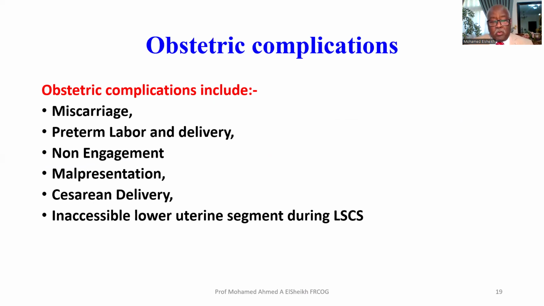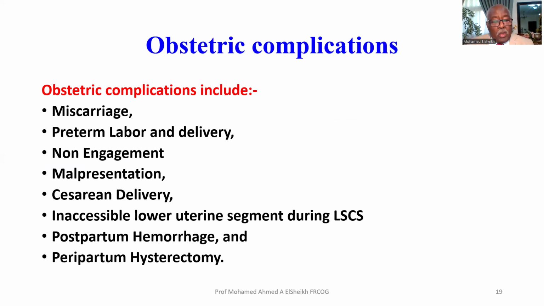Classical is in the upper segment. So we have to do an upper segment or classical cesarean section if the lower segment is not accessible. And that may lead to postpartum hemorrhage and peripartum hysterectomy as a result of that. So this is the problem obstetrically. What happens and what sort of complications they can make.